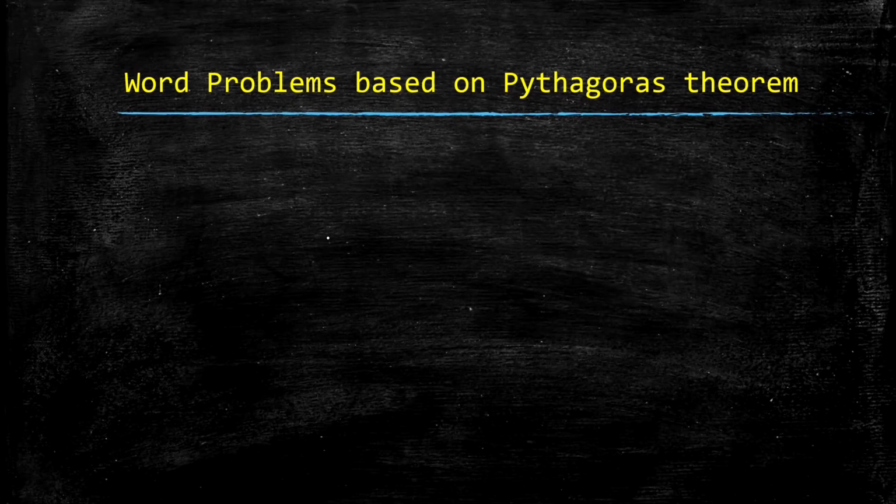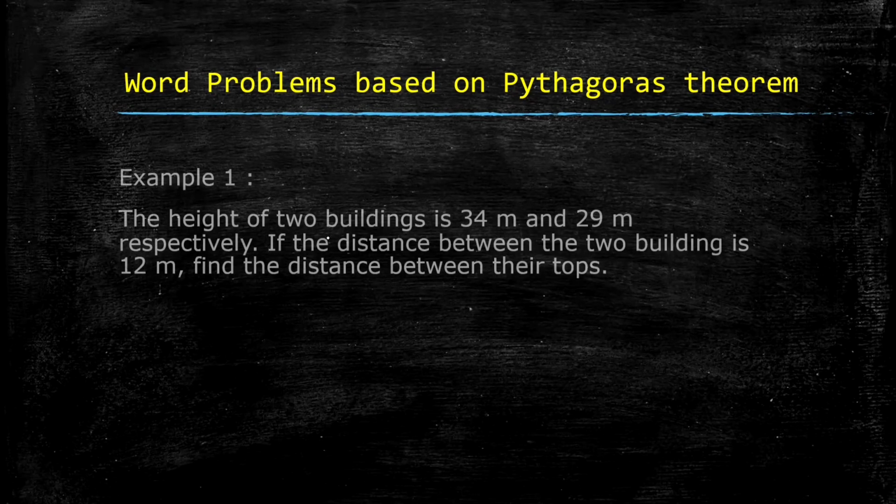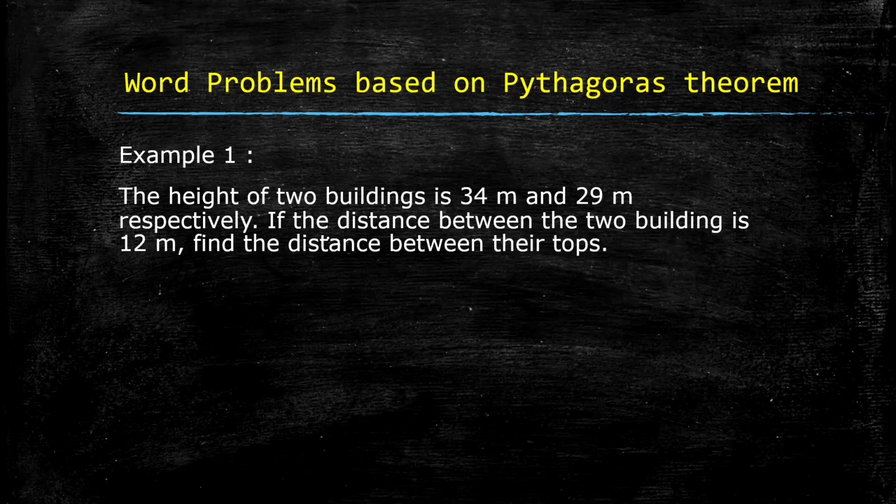Now let's go ahead with some more word problems on Pythagoras theorem, which are quite popular. The height of two buildings is 34 meter and 29 meter respectively. If the distance between the two buildings is 12 meter, find the distance between their tops. So we have two buildings here standing like this, and there is a smaller building here.